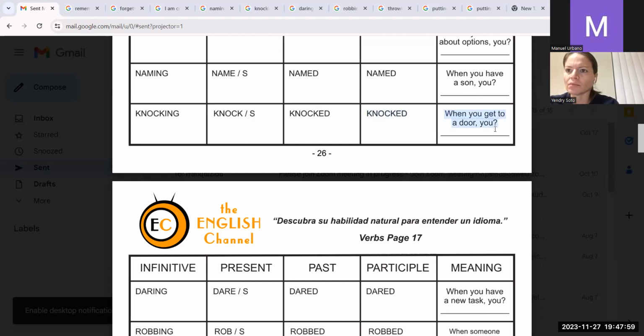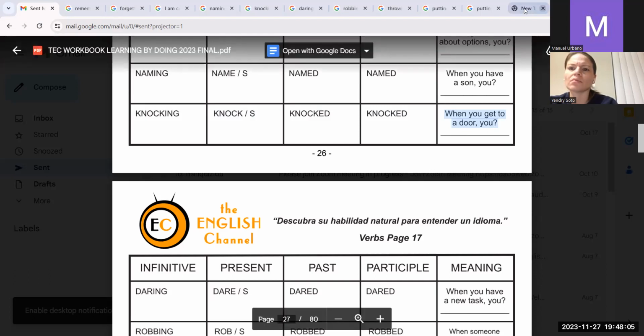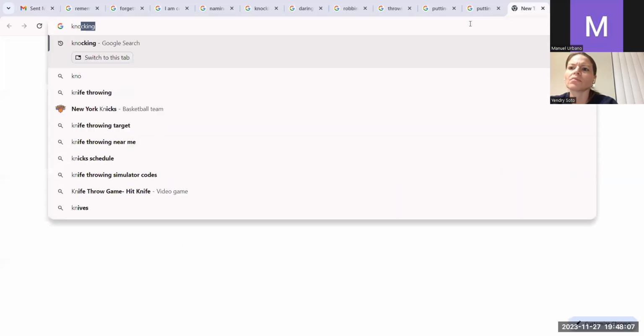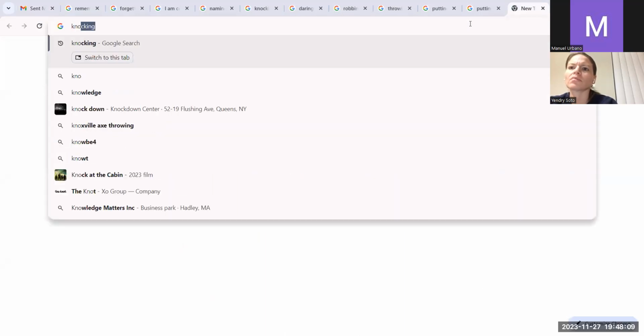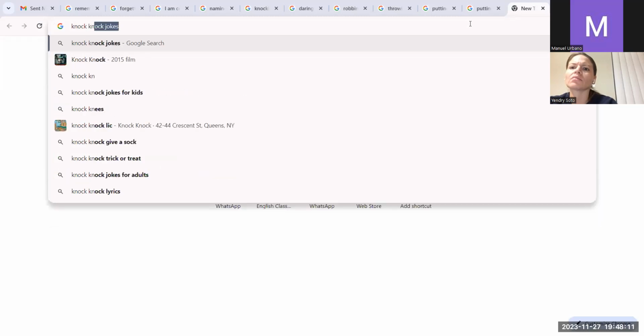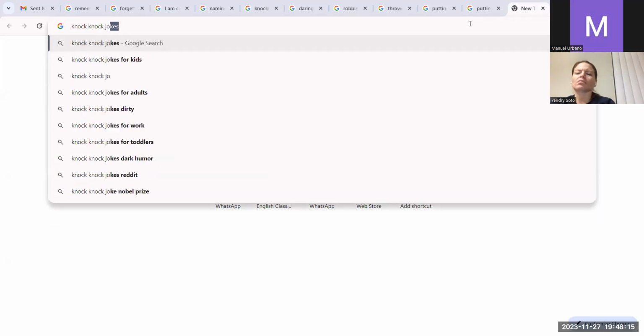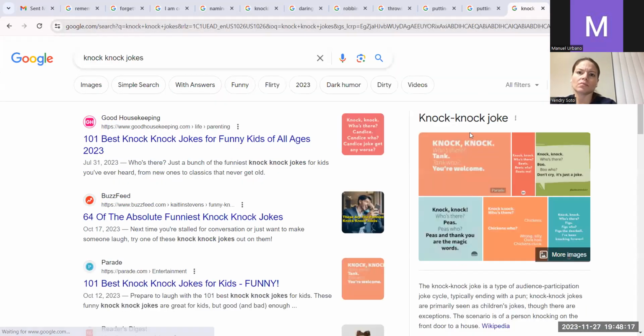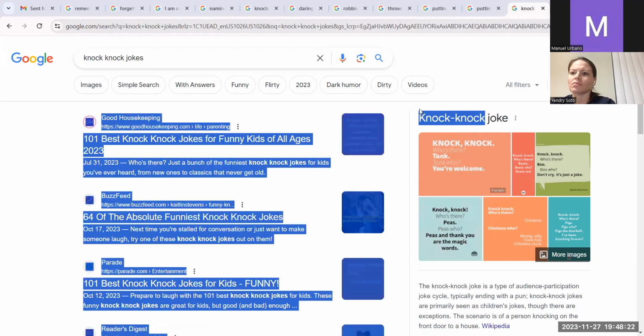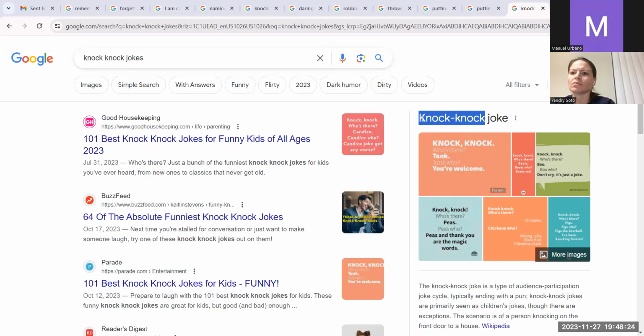And when you get to a door, you knock. So that's what it is. So for example, in English they have knock knock jokes. So you understand the meaning of knock?